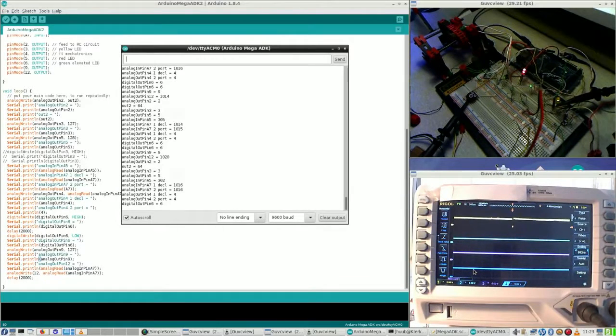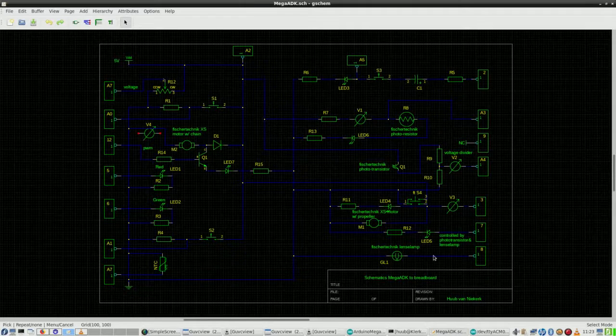Back to the motor with the propeller. Back to schematics. I have here a motor with propeller. I have here's something.